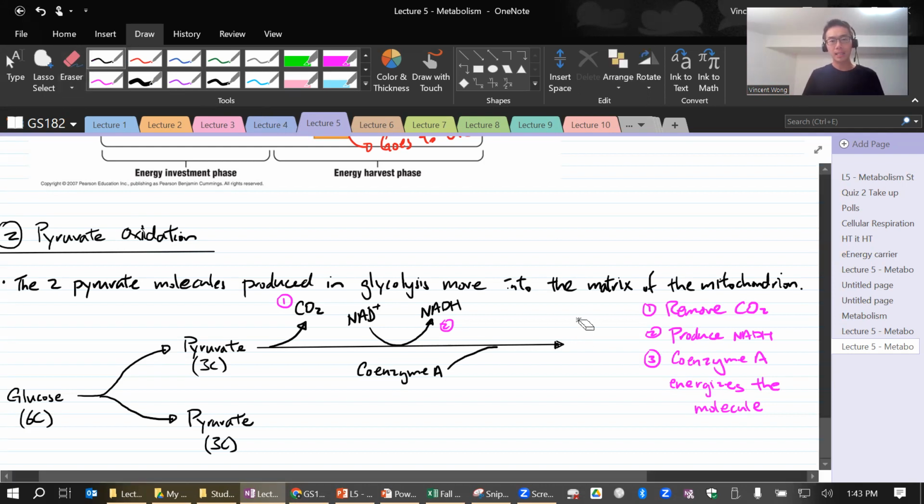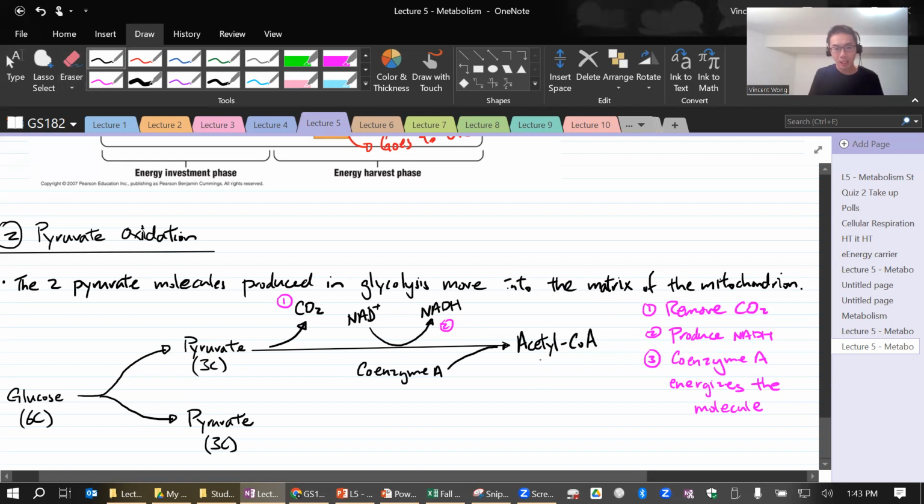So in the end, we have this thing called acetyl-CoA. Let me just shorten the arrow so I have space. Now let's do some more math here.